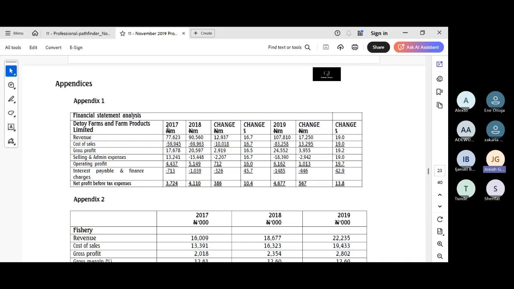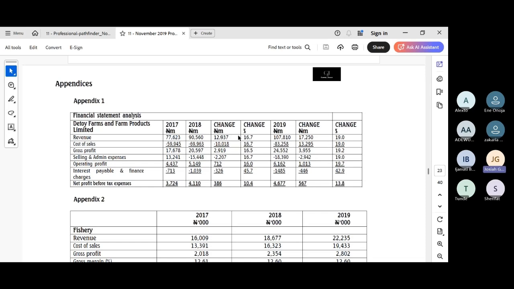Then we use that to calculate the change between 2017 and 2018. What was the difference between both years in terms of growth or reduction? So if you see the revenue figure, you can see they grew in 2018 by 16%. There's a change of 12 million naira.